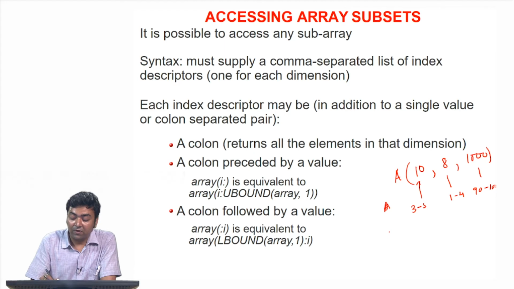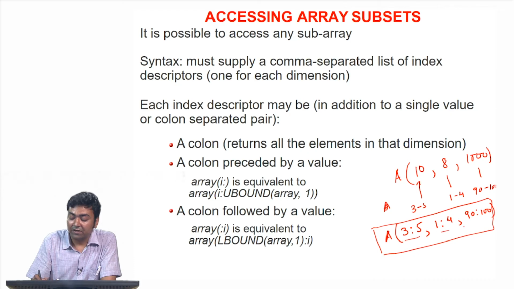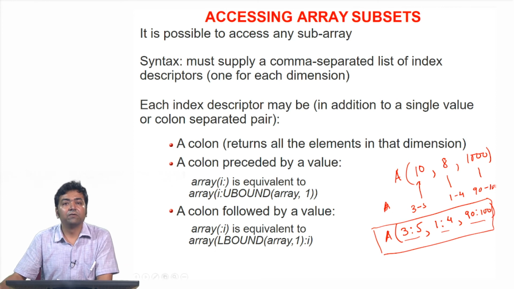How will I do that? For each dimension I specify the range: 3 to 5, then for the second 1 to 4, and then for the third 90 to 100. When I call this array in this fashion, only the elements stored in this range will be accessed. This is what is written down here.